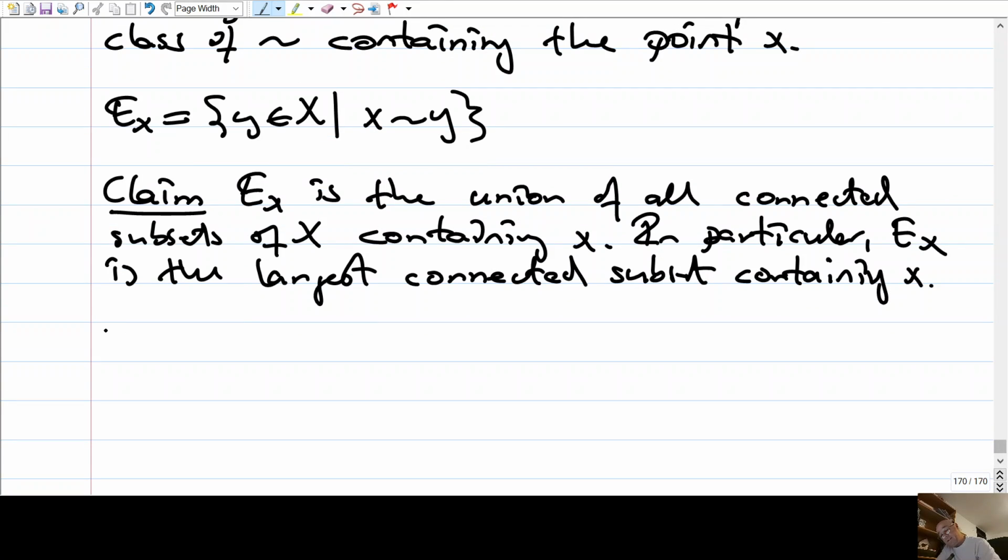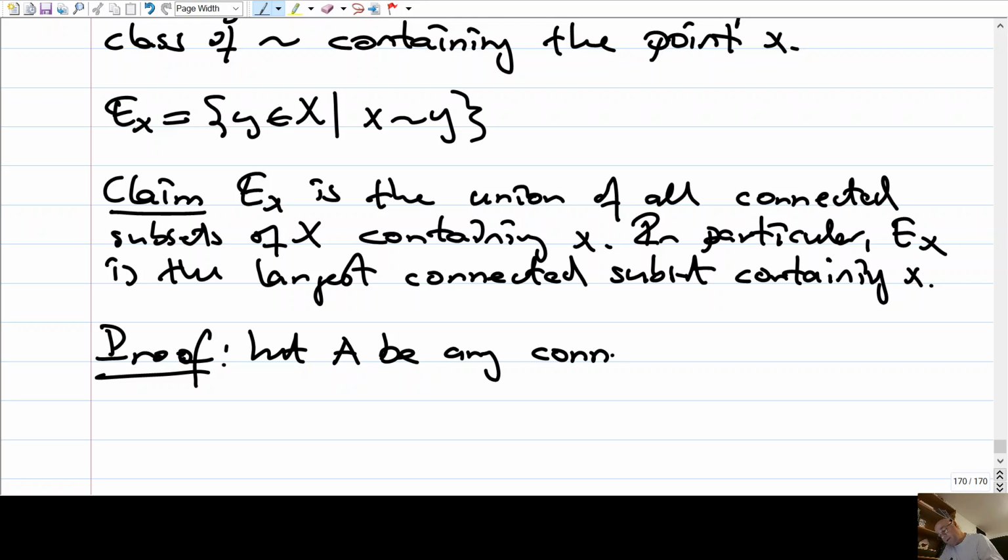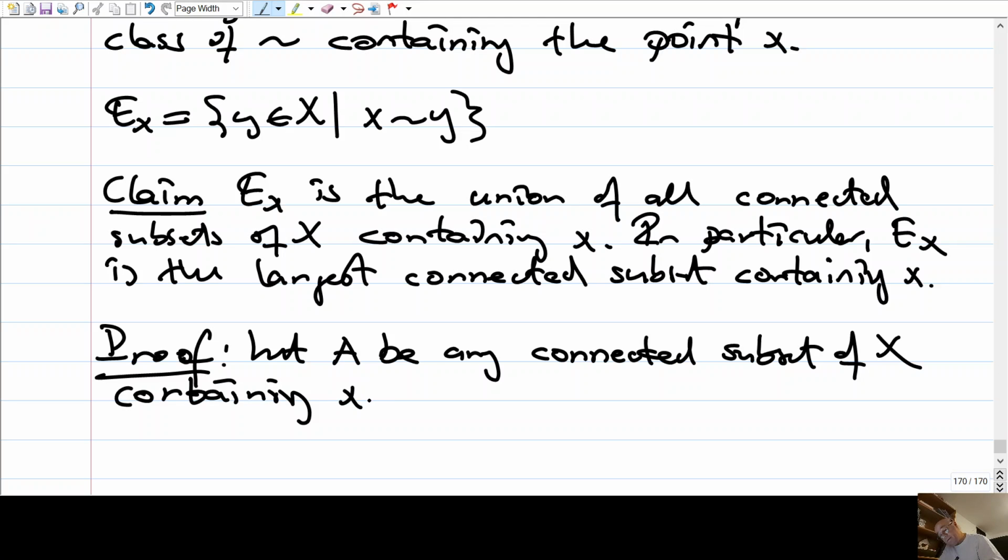Well, let's see why this is true. So what is my first claim? E_x is the union of all connected subsets of X containing x. All right. Well, let A be any connected subset of X containing x.